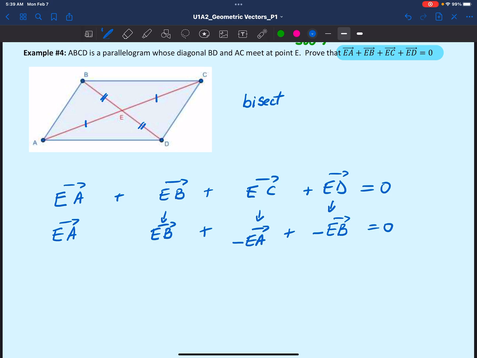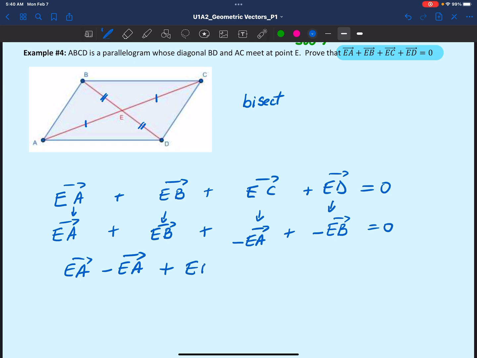So now let's take another look at our statement. It has changed face, obviously, no value. And notice how here we have vectors EA plus negative EA. So that would add to 0. In this case, I will simply rewrite the statement and bring the opposite vectors next to each other.